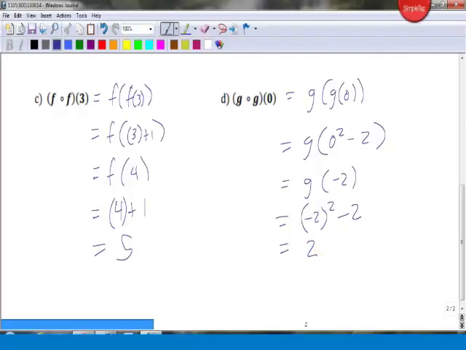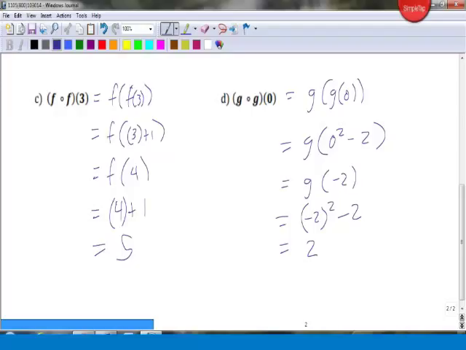Just got to make this observation. It is possible to have as many functions on the assembly line as we want. If we want to say F composed with G composed with H, we're more than welcome to do that. It just means evaluate H first, get an answer, evaluate G at that answer, get another answer, and evaluate F at that answer, working our way from right to left as the functions are indicated in the definition.